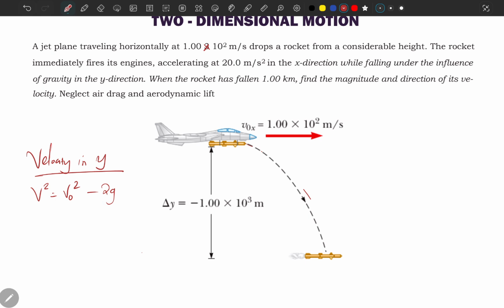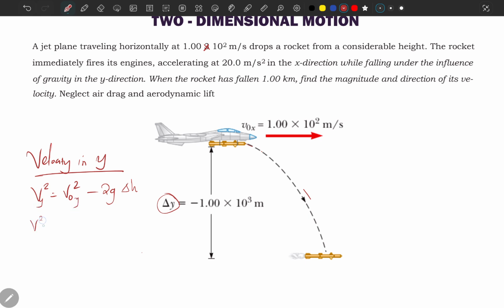Then here's where now things change. We are going to say change in the height in y, which has been given for us.